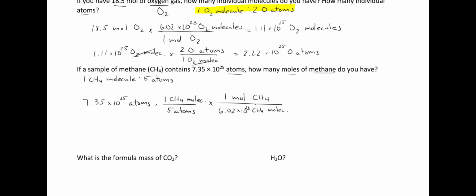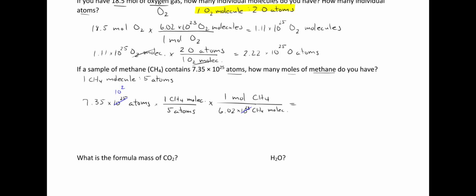Okay. I'm going to simplify things for myself a little bit before I put this into the calculator. I know that 10 to the 25th over 10 to the 23rd would simply be 10 to the 2nd. Because when we divide exponents, it means the same thing as subtracting the exponent, so 25 minus 23 is 2. And that keeps things a little bit simpler for going into the calculator.